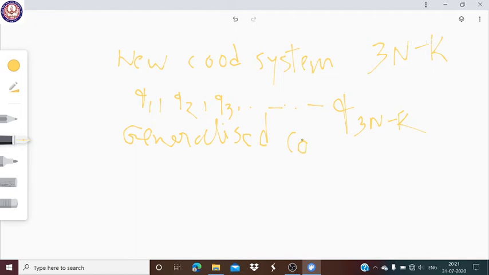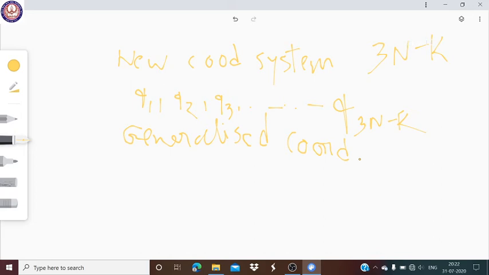We can also define generalized velocity. Generalized velocity is defined by q dot. There is some difference between the position coordinates and generalized coordinates. Position coordinates mean the coordinate system in Euclidean space which is initially used to describe the position of the system of particles.